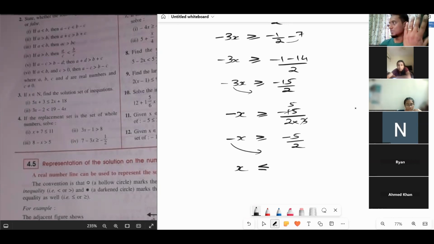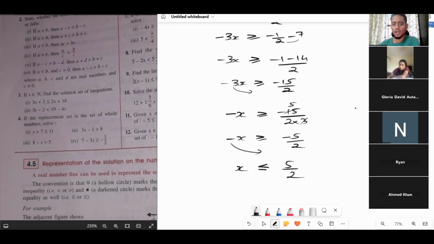Plus means you leave it as it is, we don't do anything. Even if plus becomes minus or minus becomes plus, if you change the plus or minus sign, the inequality also will change. So that will be x is less than equal to. Now this minus goes there and makes it plus. That will be 5 upon 2.